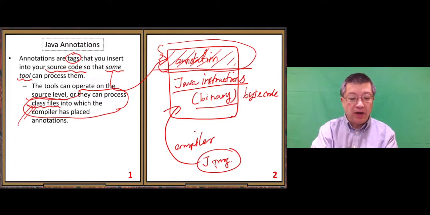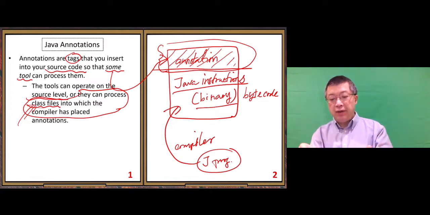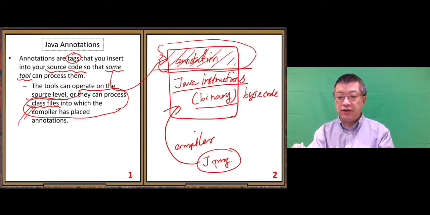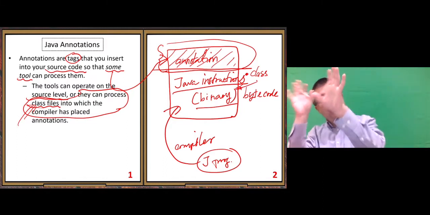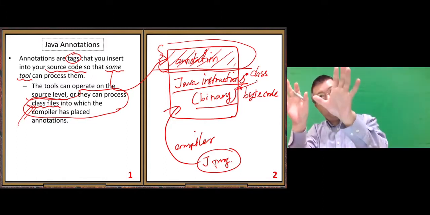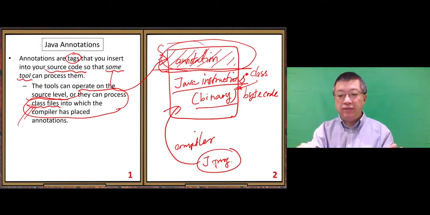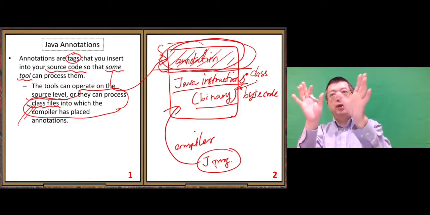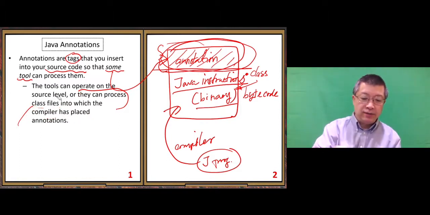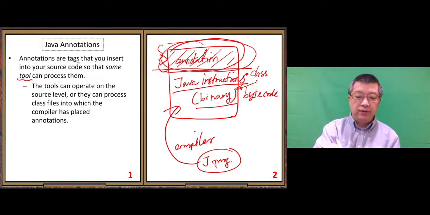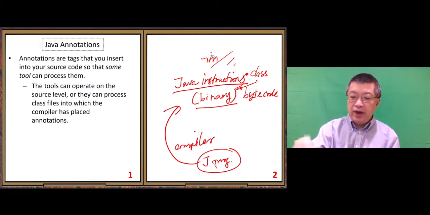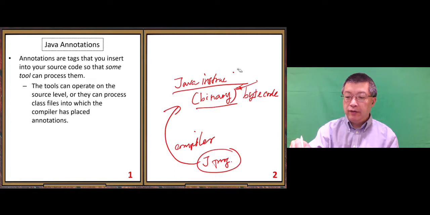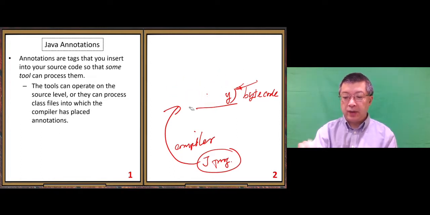Class file, that's the compiled binary class file. Yeah, so this is the .class file. Tools can read the binary class files, but only read that annotation part. So that's the internal things that happen for annotations.